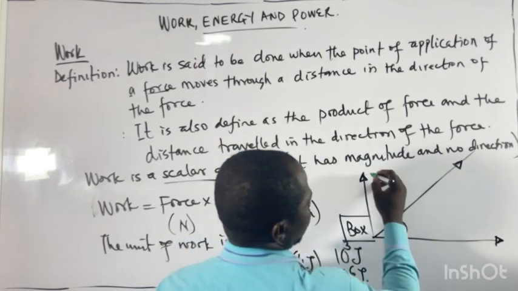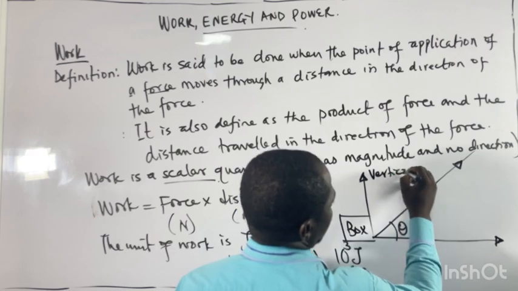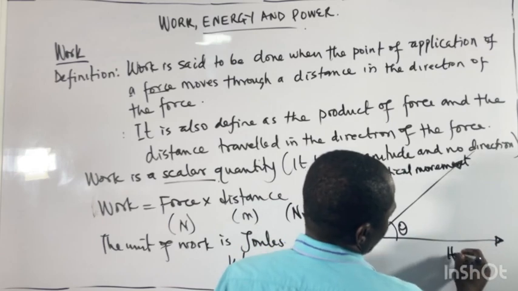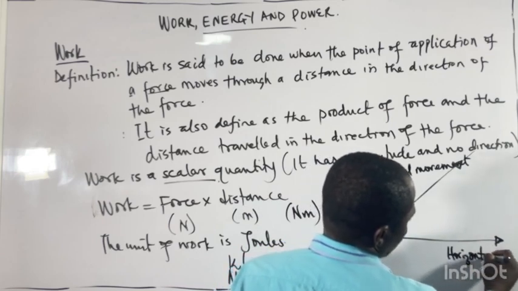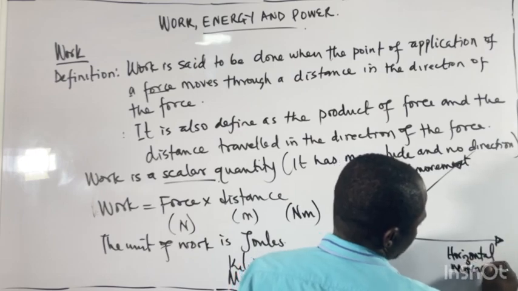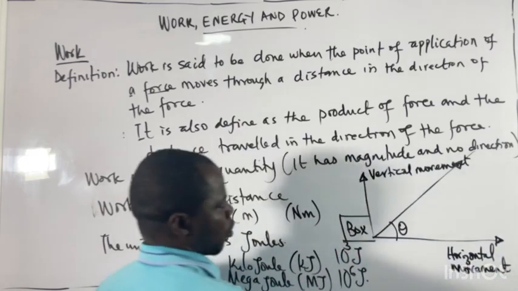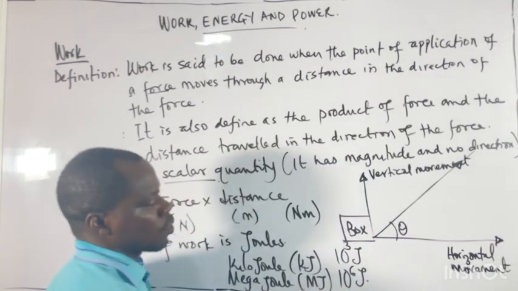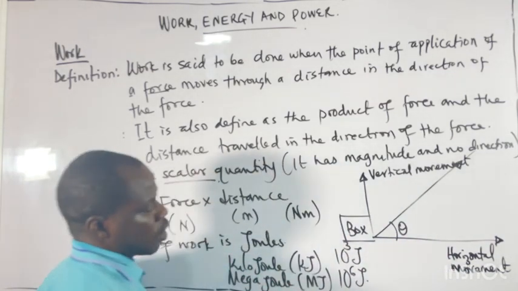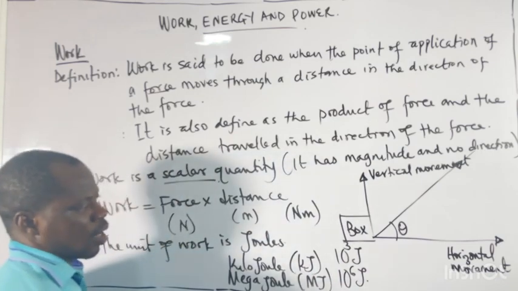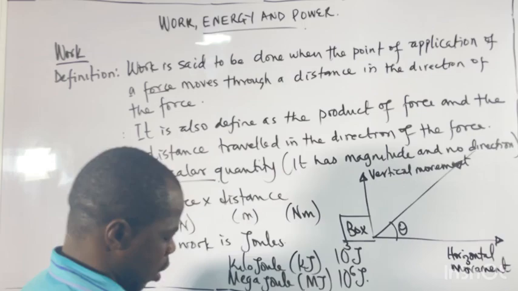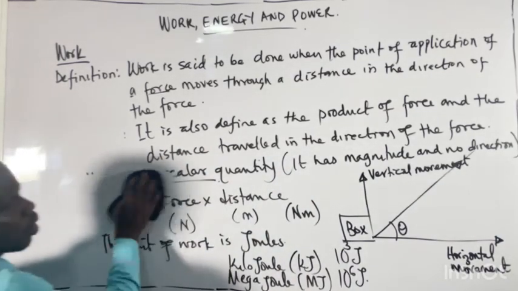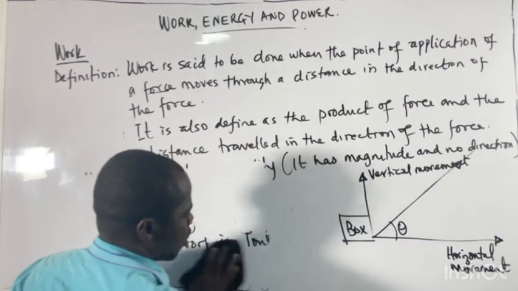So we have the vertical movement and the horizontal movement. We are going to look at it from different perspectives: if the object moves vertically and if it moves horizontally. How do you calculate it? Also, we are going to look at other relationships that relate to work.